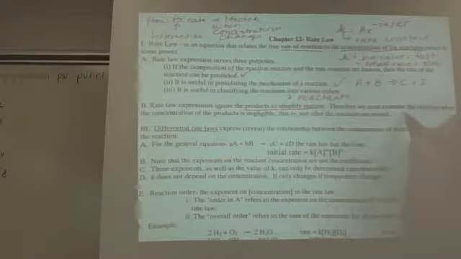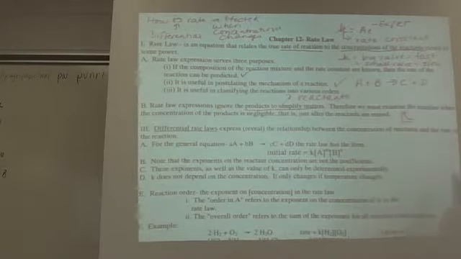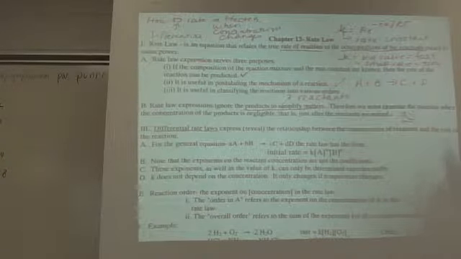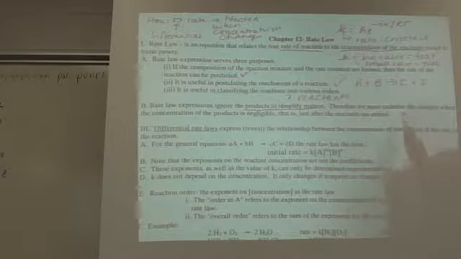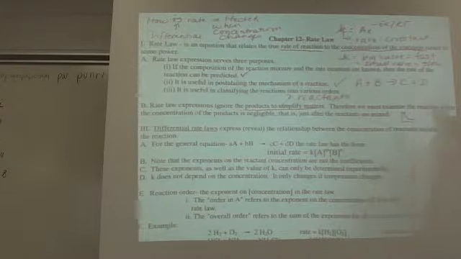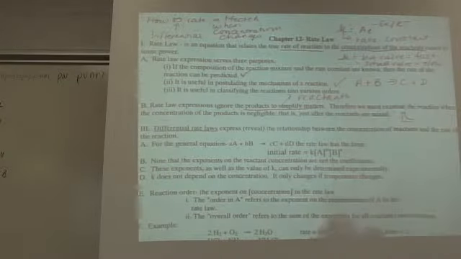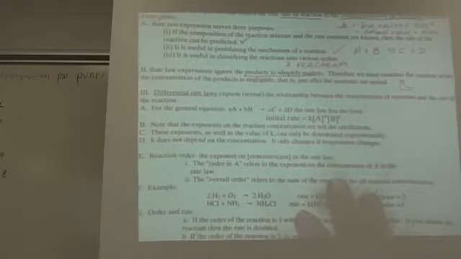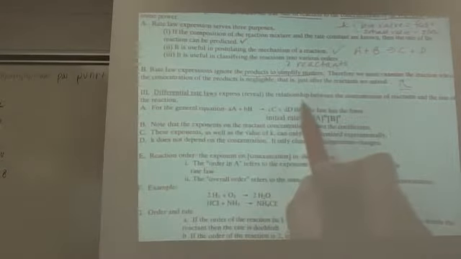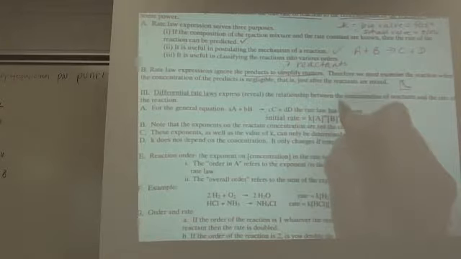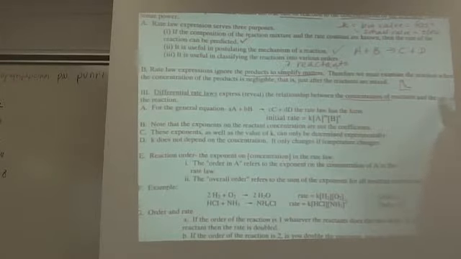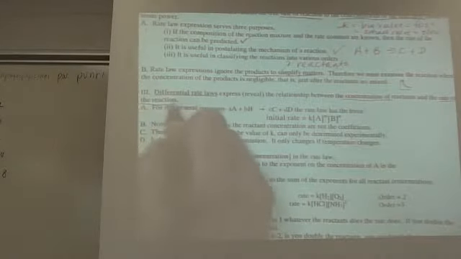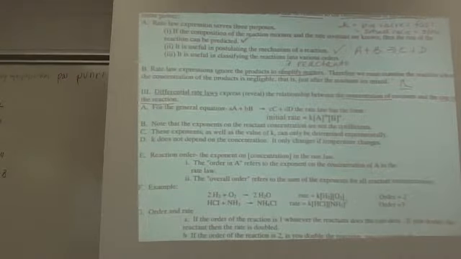So the only time that we really can do this is at an instantaneous rate. So our instantaneous rate is as close to time equals 0 as possible. Okay, so differential rate laws tell the relationship between concentration and rate of reaction. Obviously, I think this is kind of important.